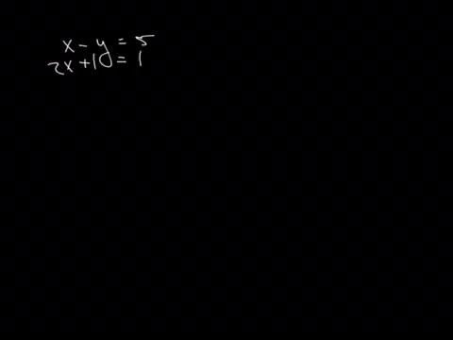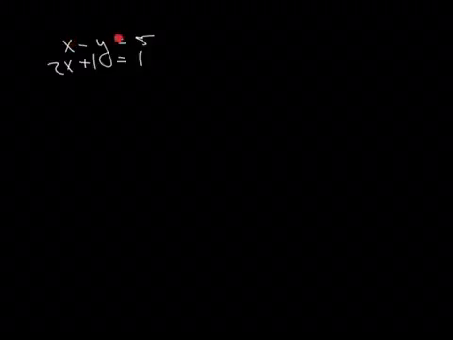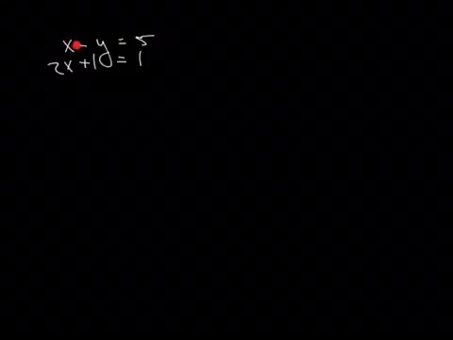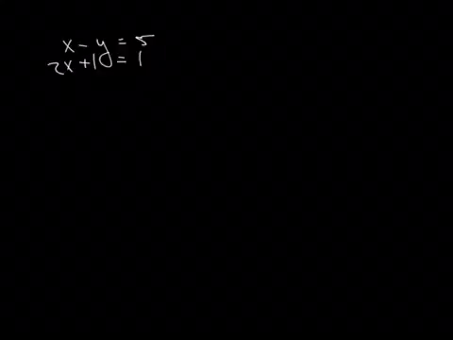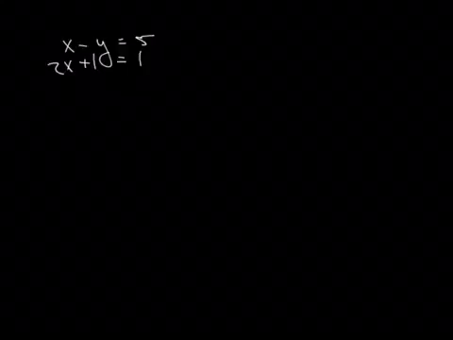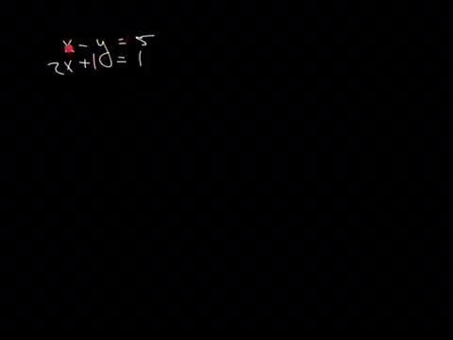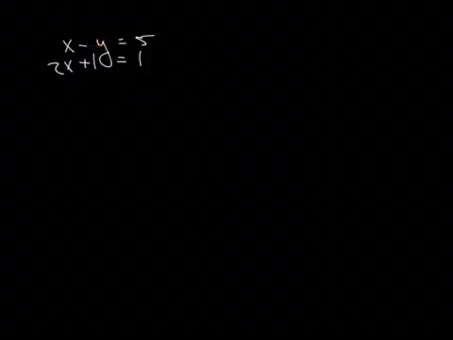Substitution oftentimes is an easier method, and it works best when one of the equations is rather simple. Okay, if they're both very complicated, you can still use substitution, but elimination is usually a better direction to go. So again, this equation is fairly simple because what you're going to do is take the simplest equation and set it equal to one of the variables. It does not matter which one.